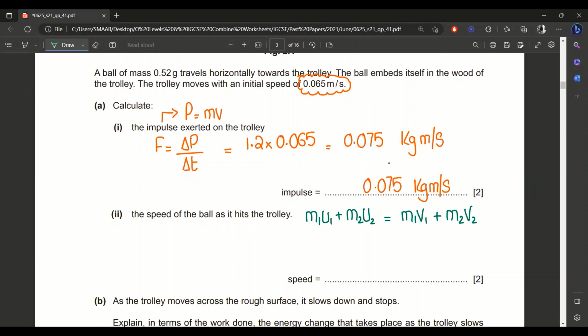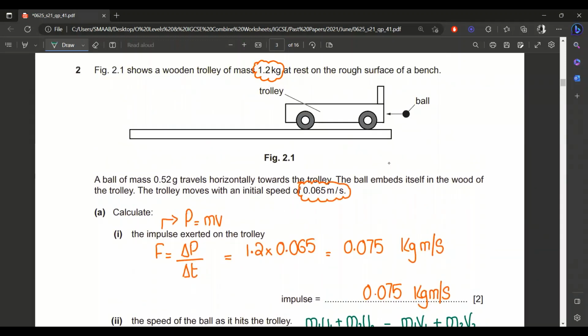So initially the trolley is at rest, right? So it means that for trolley, let's suppose we consider the trolley as M1 and the ball is M2. So the initial velocity for the ball is U2, and the initial velocity for the trolley will be U1, right?